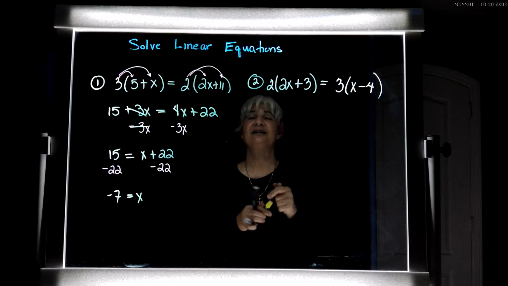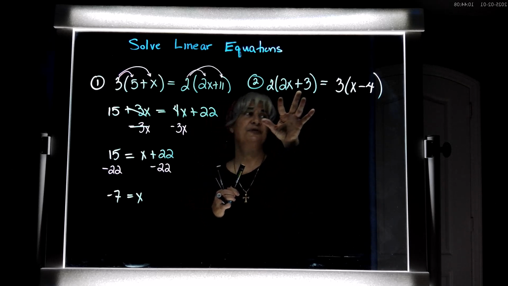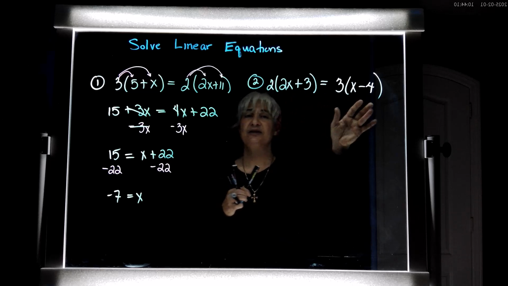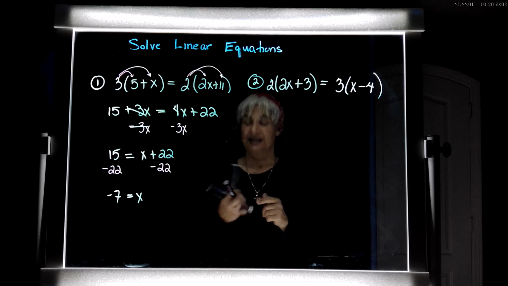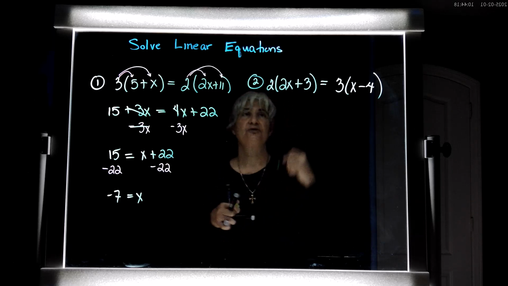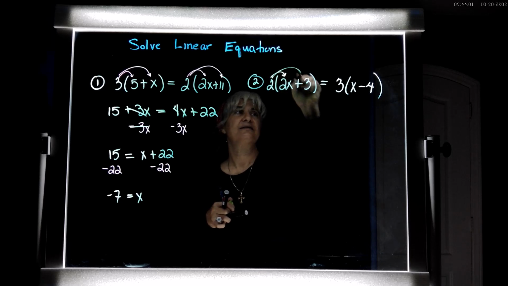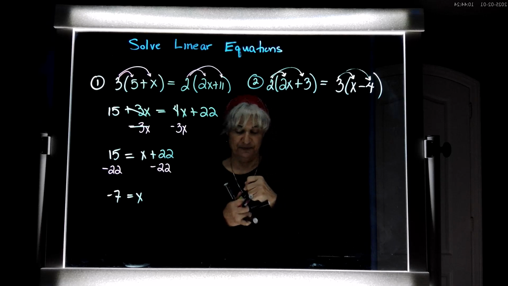Okay, let's look at the second one. It's like the first one in terms of I have a parenthesis on each side of the equal to sign, right? So what are we going to have to do? Yes, distribute. I'm agreeing with that. Twice and twice. Good.